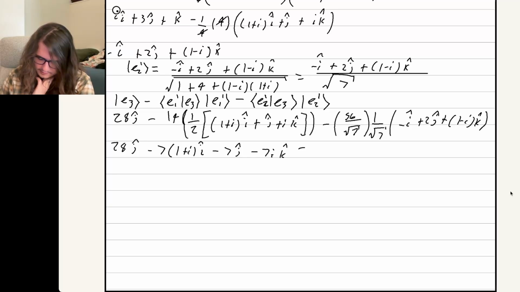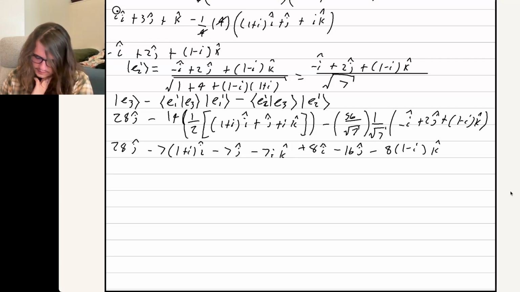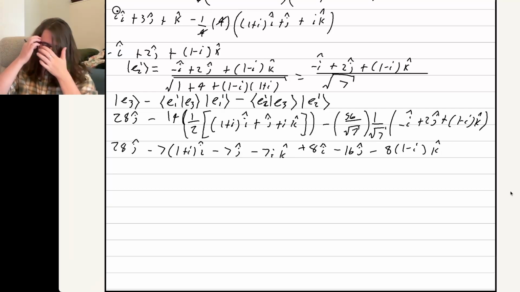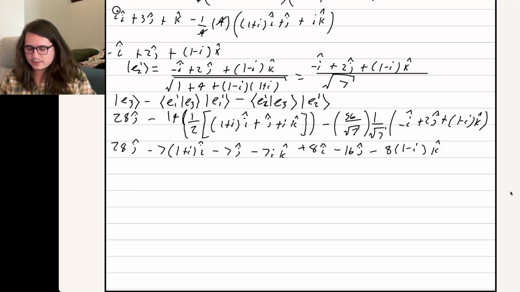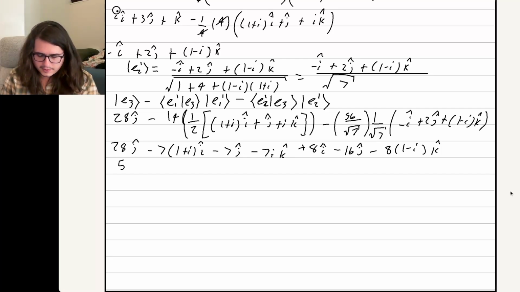So we actually have minus 8 i hat minus 16j hat minus 8 times 1 minus i times k hat. Okay. Let's do some subtraction now. 28 minus 7 minus 16. So 28 minus 7 is 21. Minus 16 makes 5. So we've got 5j hat.